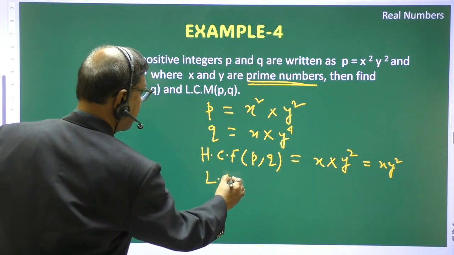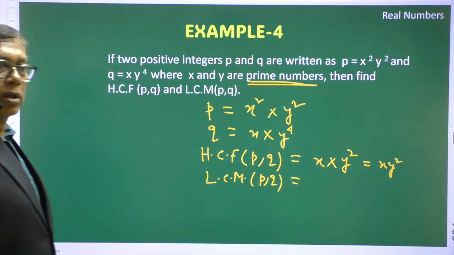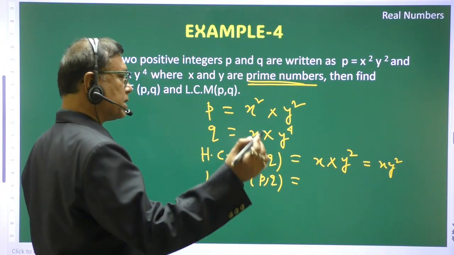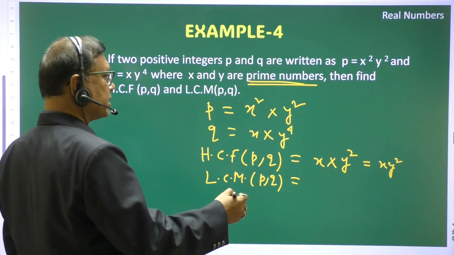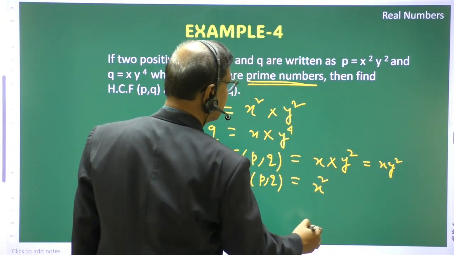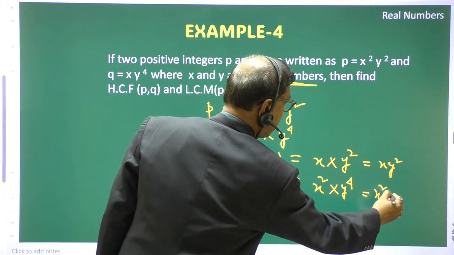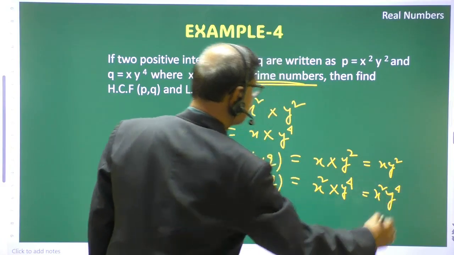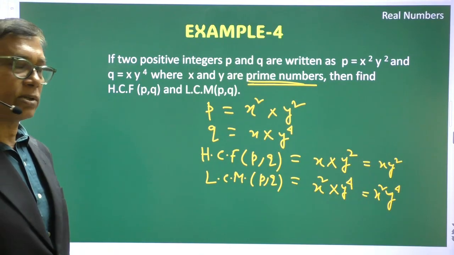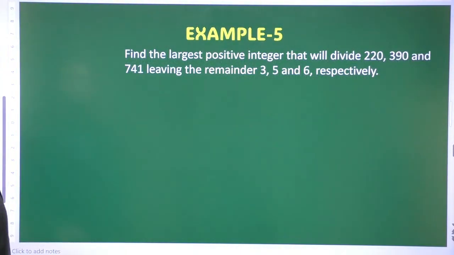Similarly, the LCM of these two numbers, what we have learned just now, common and non-common, that means all the prime factors involved here, and we have to take the highest power. So x square and y to the power 4 we have to take. So x square y to the power 4 will be the LCM. I think this part is clear, students? Yes? Okay. Now example number 5.